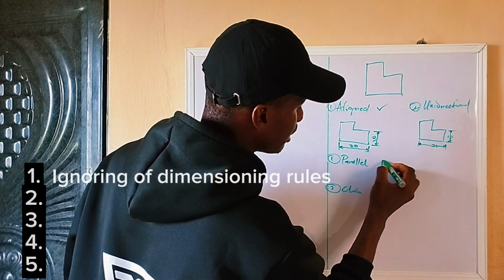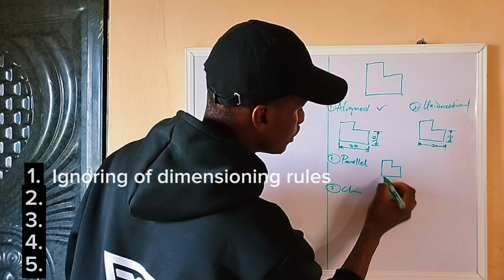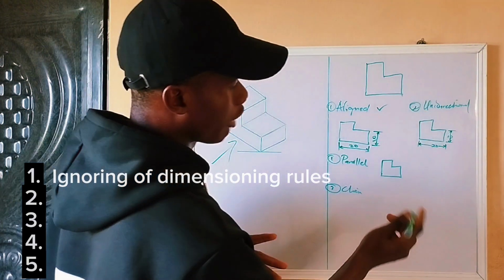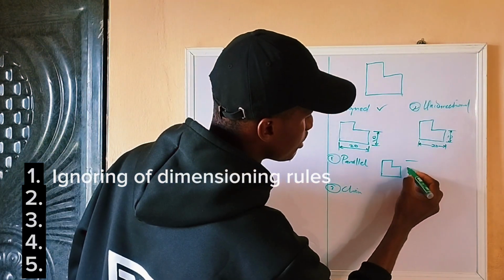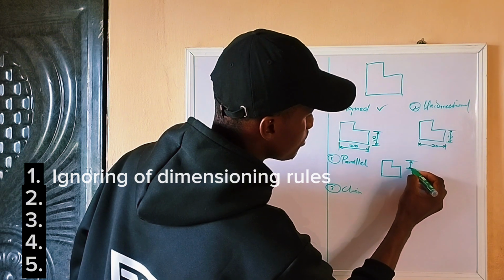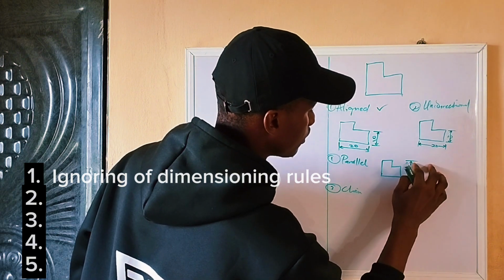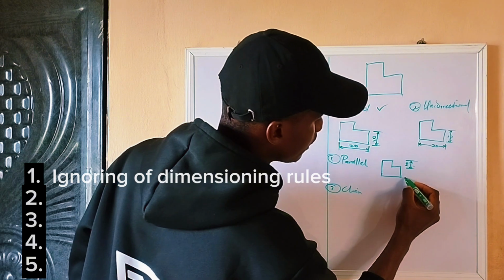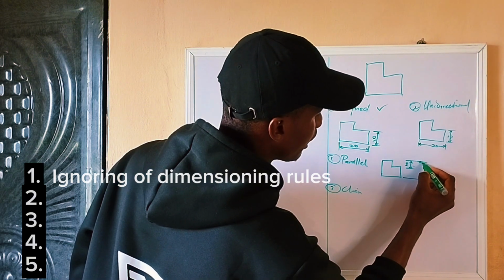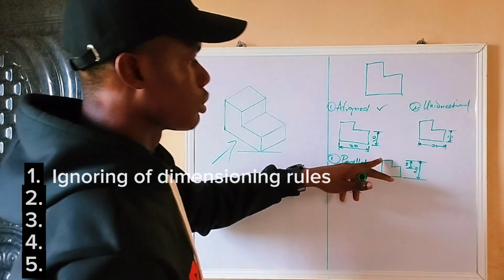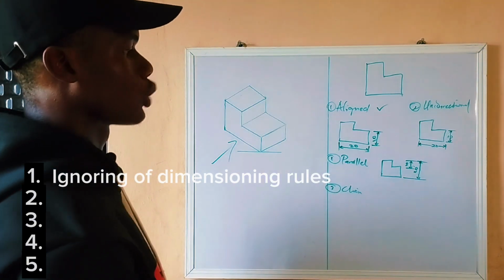So for the parallel, let's take this into consideration again. This is our front view which we have here. For the parallel, we have something like this. This will be 10. Then to mark our 20, we have it like this. Let's assume the total length of this place is 20 millimeter.